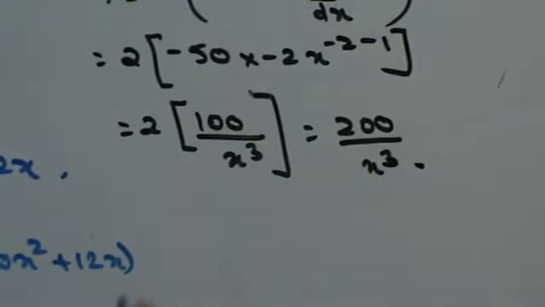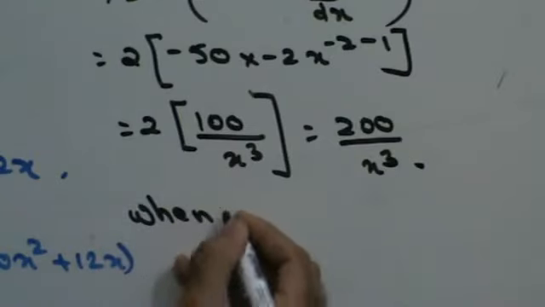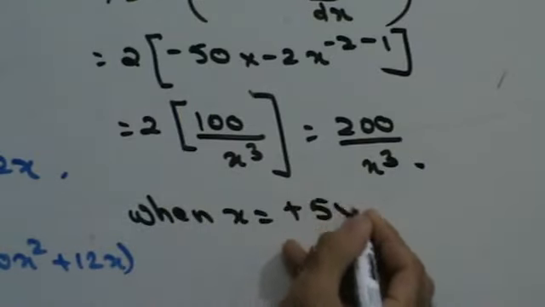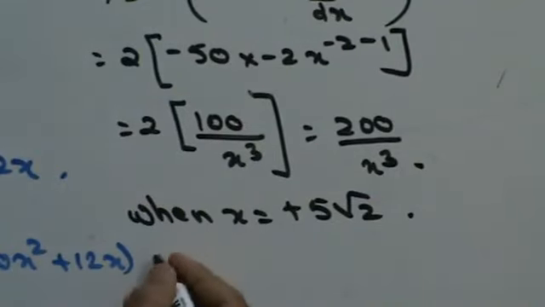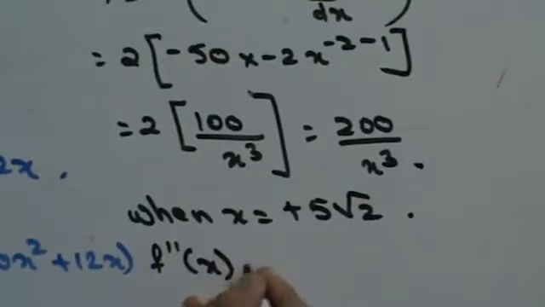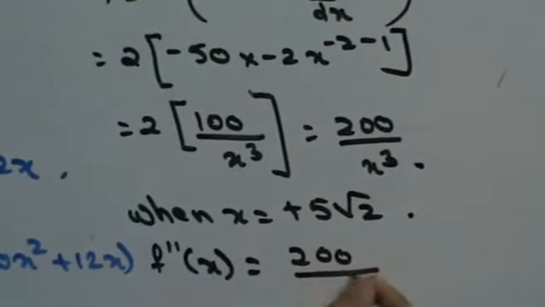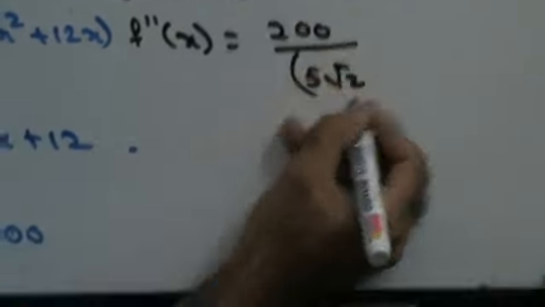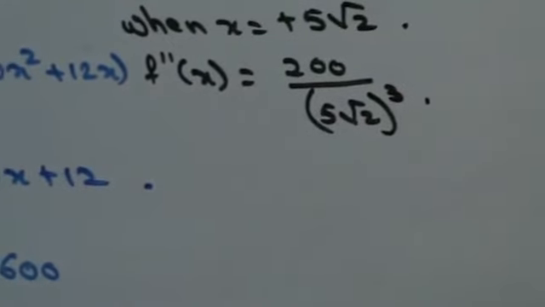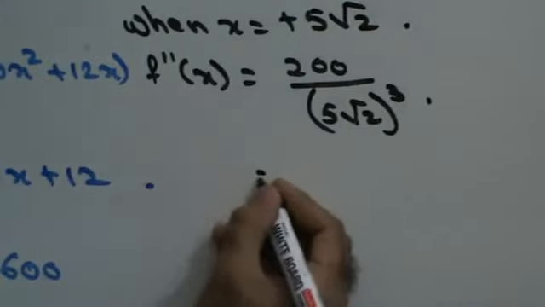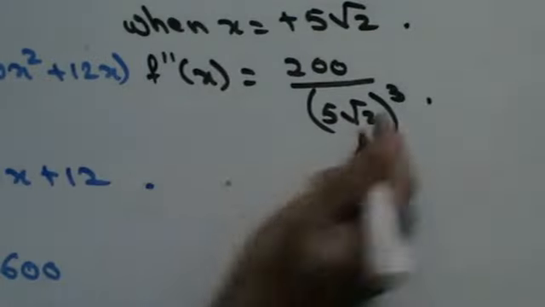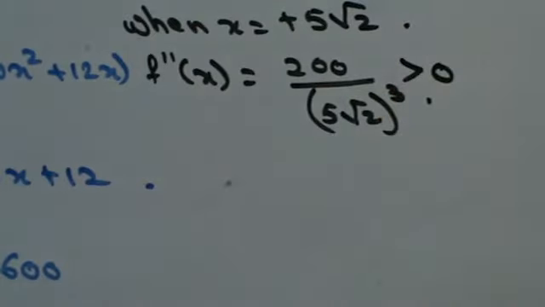Now when x is equal to plus 5 root 2, what will f double bar of x be? It will be 200 upon 5 root 2 the whole cube. Obviously this answer is going to be positive, which I can definitely say is greater than 0.